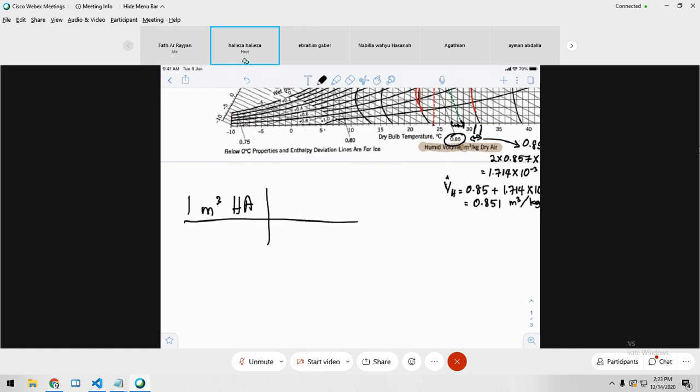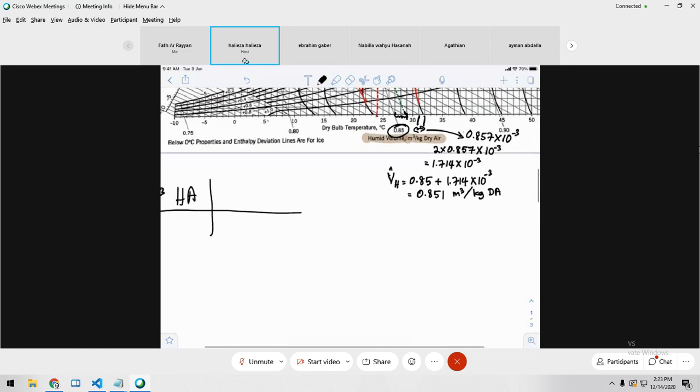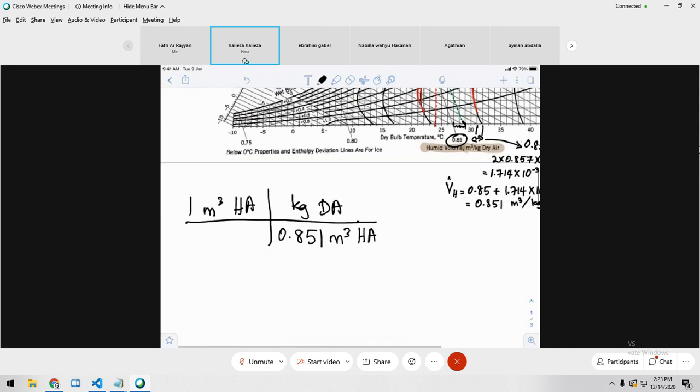Your humid volume is 0.851 meter cubic of humid air per kilogram of dry air. Okay, so now you can cancel your meter cubic. You end up with your kilogram of dry air.